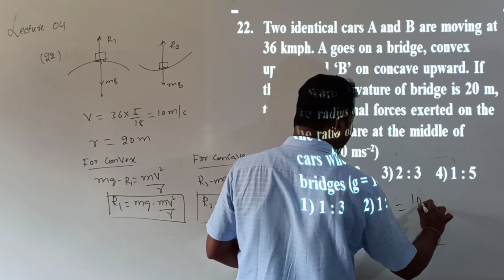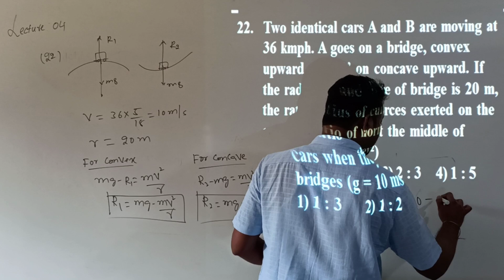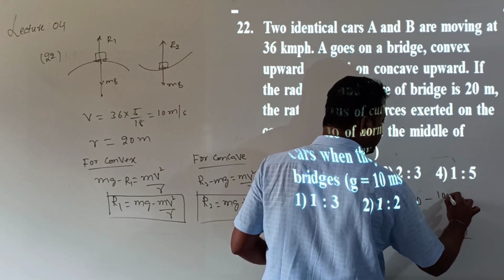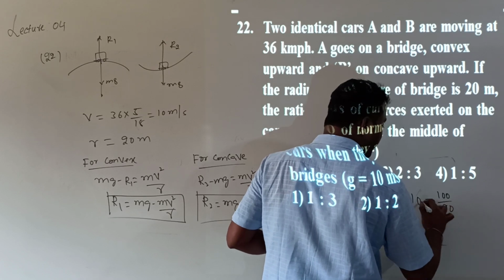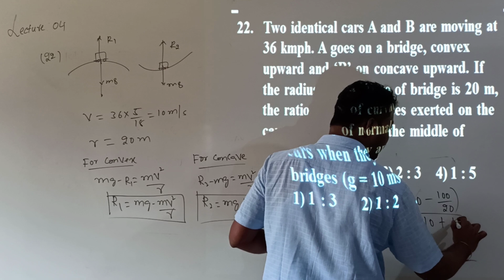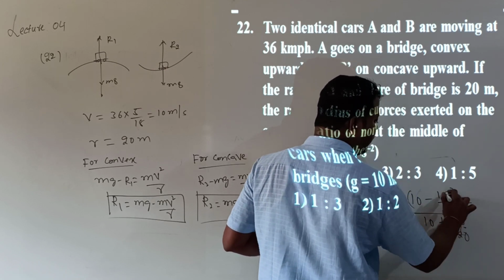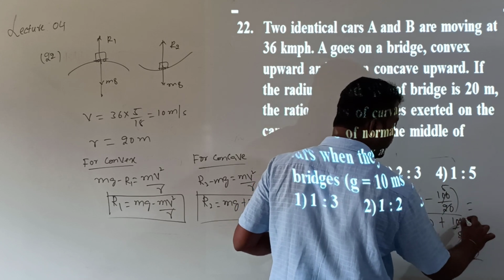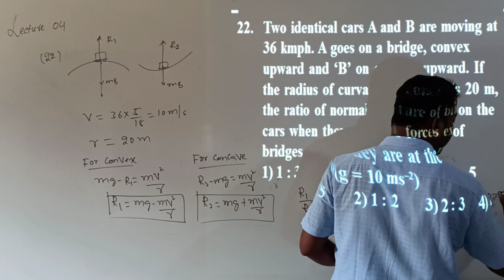G is given as 10, minus V square, so 10 square means 100, by the R value given as 20, in the denominator 10 plus 100 divided by 20. Then what will we get? 20 fives are 100, so 5. In the numerator I will get 10 minus 5 by 10 plus 5.